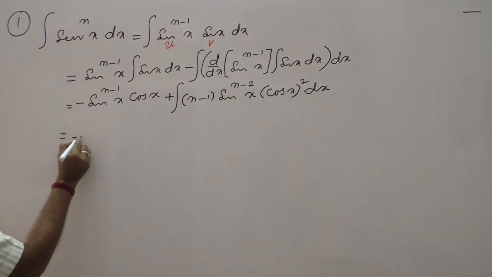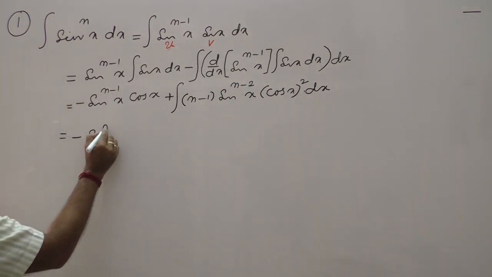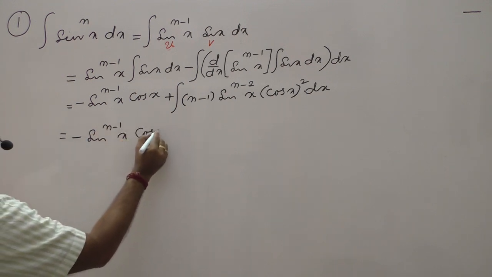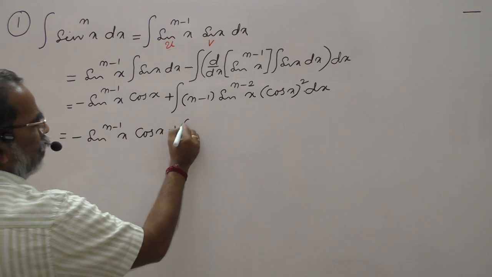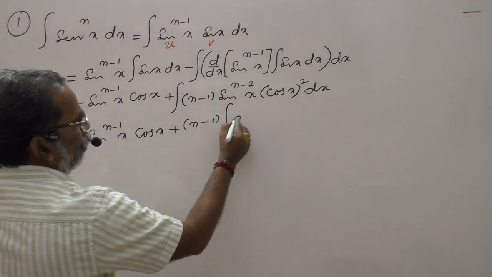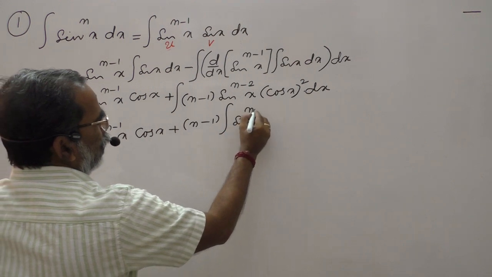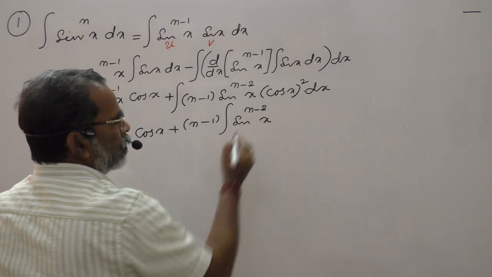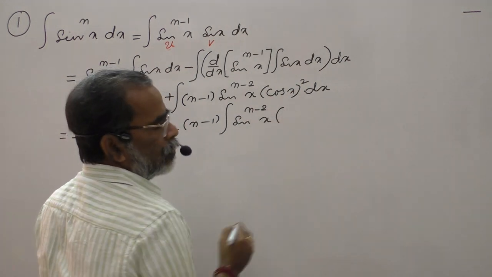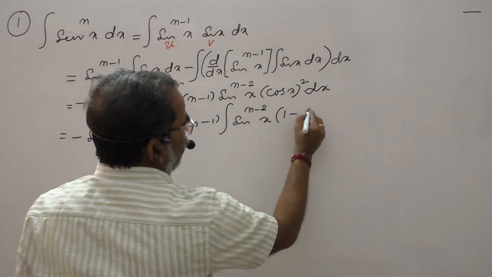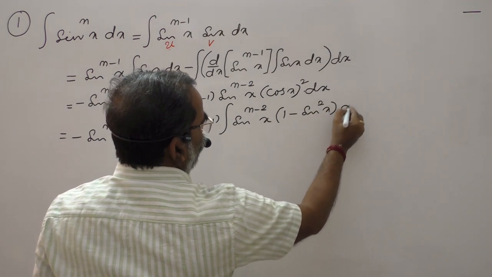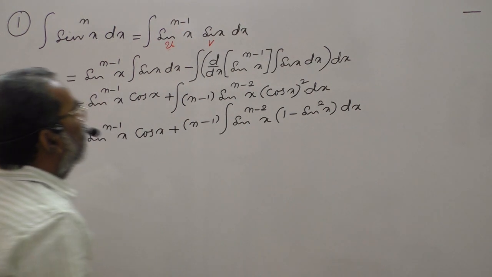Therefore, this is equal to minus of sine power n minus 1 x into cos x, plus I will write n minus 1 outside. Then what do we have here? Sine power n minus 2 x. Here cos x whole square means cos square x. I will write this as 1 minus sine square x into dx. Okay.